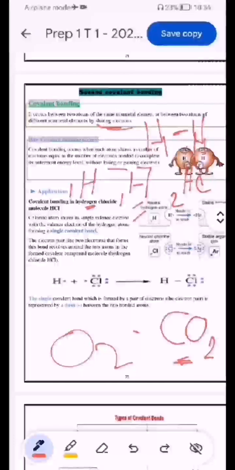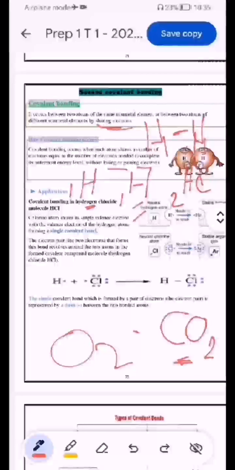For example, HCl. H is what? H is a non-metal gas. It contains 1 electron in the outermost level and needs to reach helium, 2, to be stable. So it needs 1 electron. And Cl, Cl 17, needs to reach argon 18, so it needs one electron also. So what happened now?